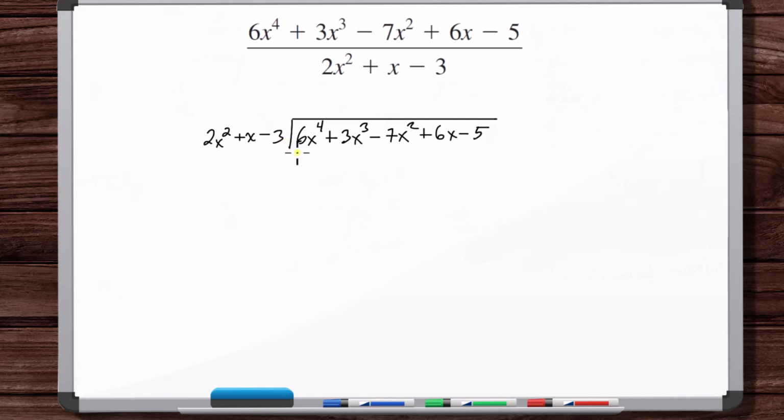Okay, 6x to the fourth divided by 2x squared is 3x squared. So 6x to the fourth plus 3x cubed minus 9x squared. Subtract these. 0, 0, and then minus 7 plus 9 is 2x squared.